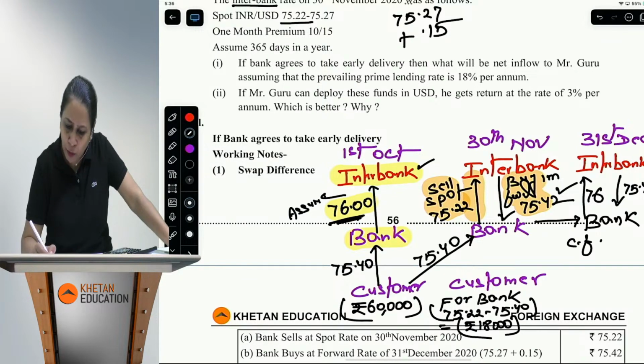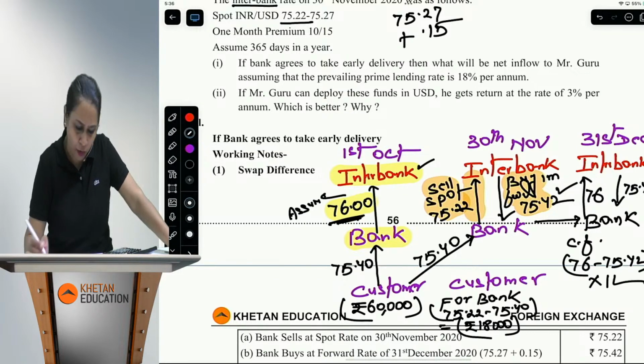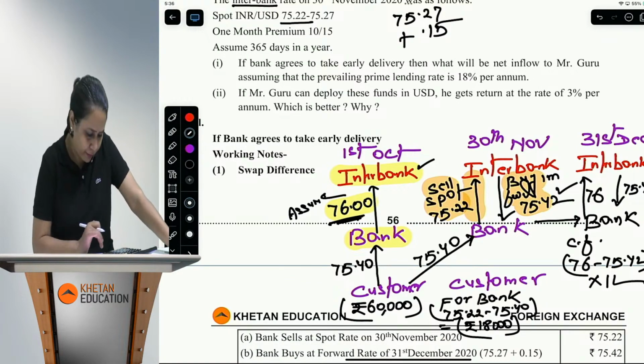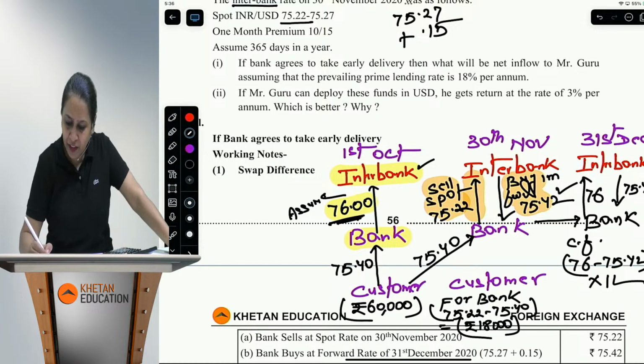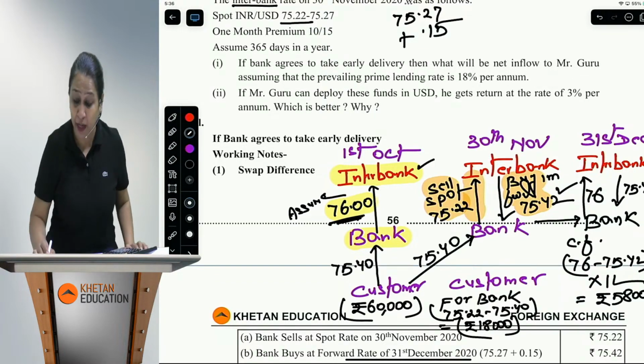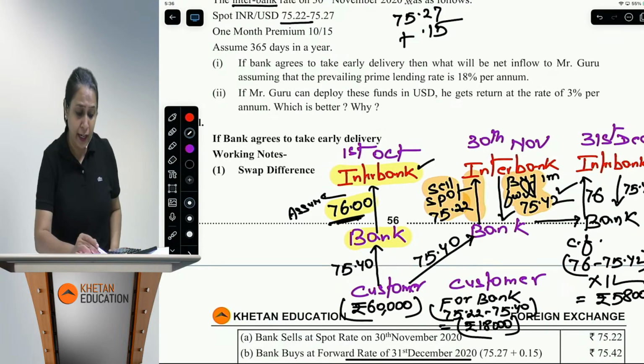The cash flow would be 76 minus 75.42, into $1 lakh. 76 minus 75.42 gives me 58,000 rupees. This is a gain to the bank.